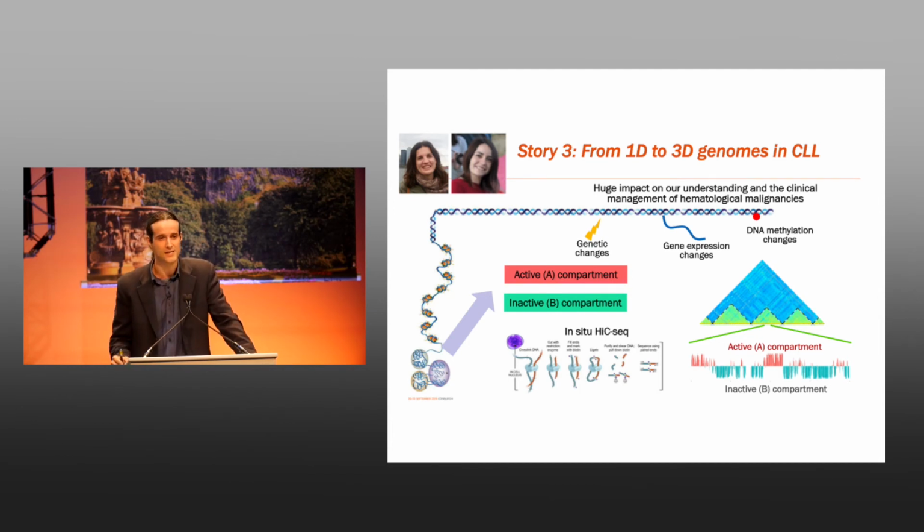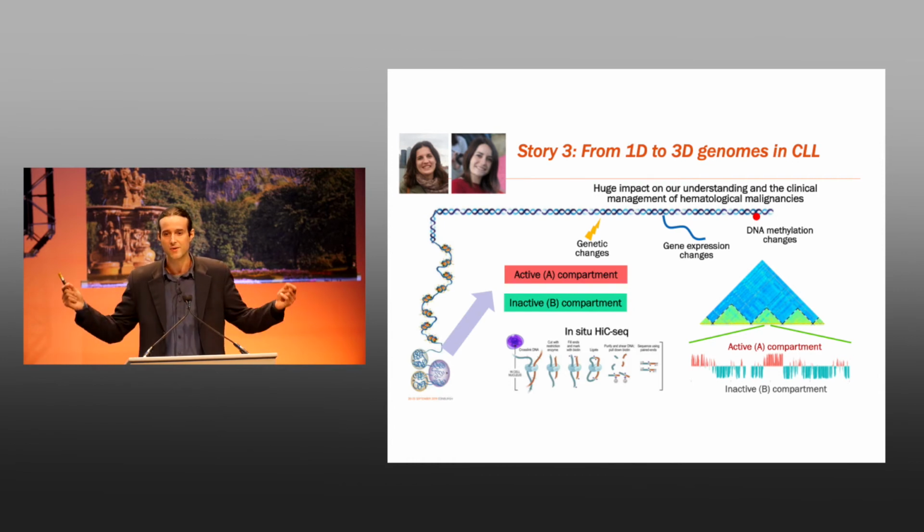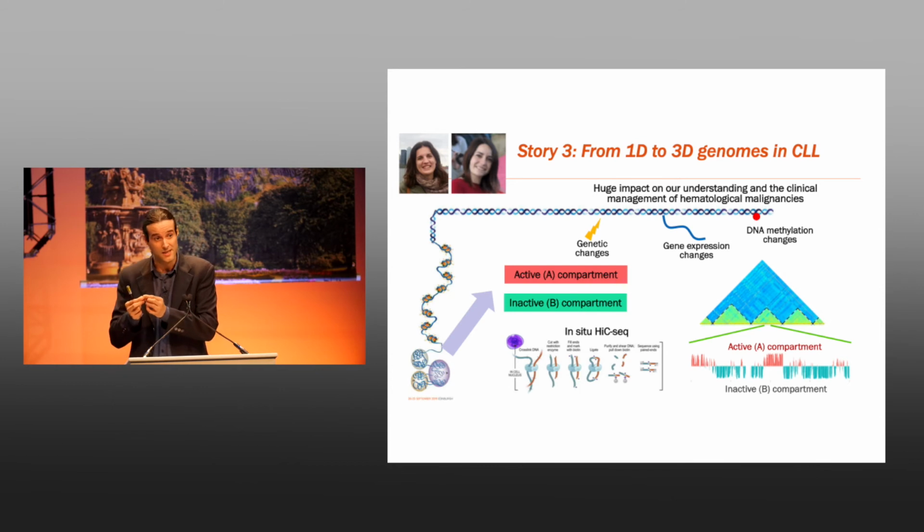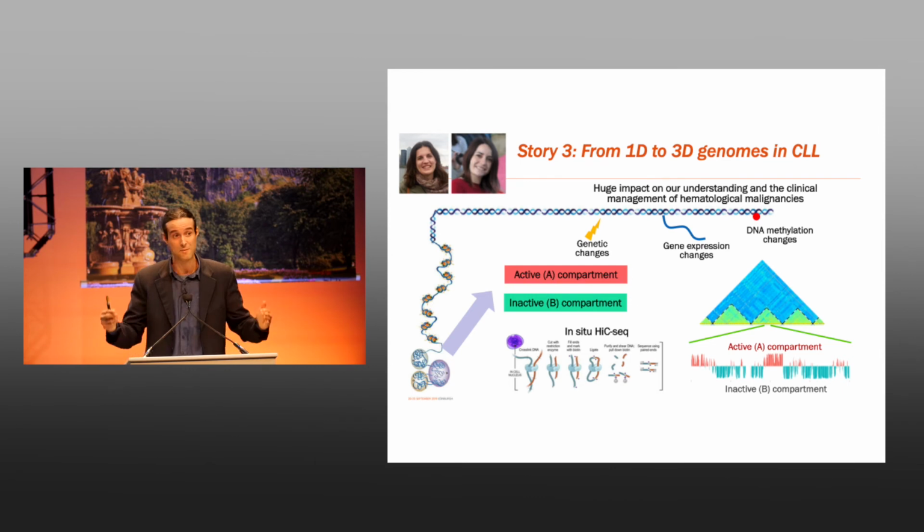But the reality is that these 2 meters of DNA that we have in every cell are packed in the cell nucleus, but they are not only structurally packed. There are different levels of compaction, related to different levels of three-dimensional interactions, that correlate with genome function.